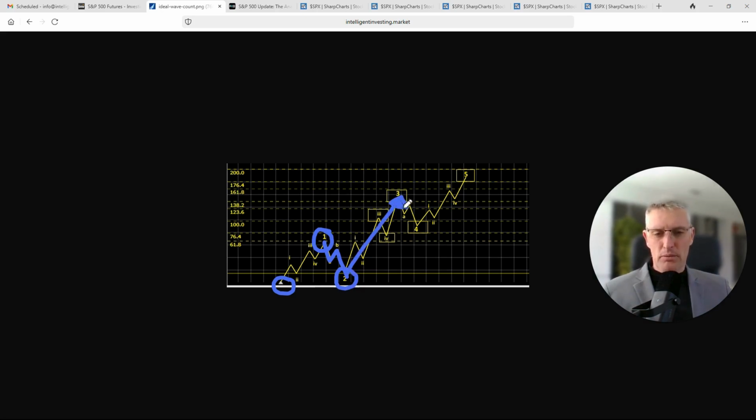So this premise really builds on the notion and assumption that the 2020-21 rally was wave 1, the 2022 correction was wave 2, and we're now in wave 3. If we break below key price levels, then this assumption is wrong. For now, it is holding, and we'll show you in a moment why.